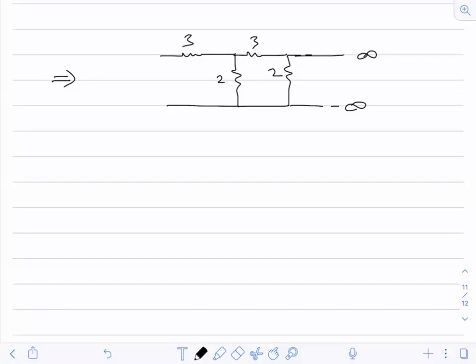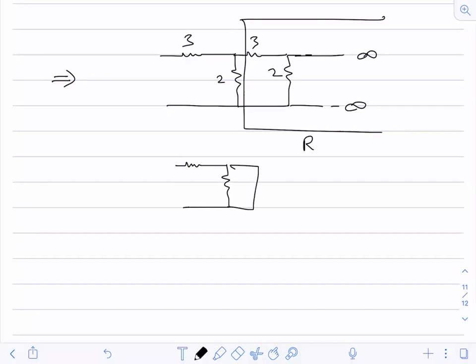Correct? Fine. So what I'm doing here is that for this complete portion, I'm assuming the resistance is R. Now I can reduce the circuit like this.